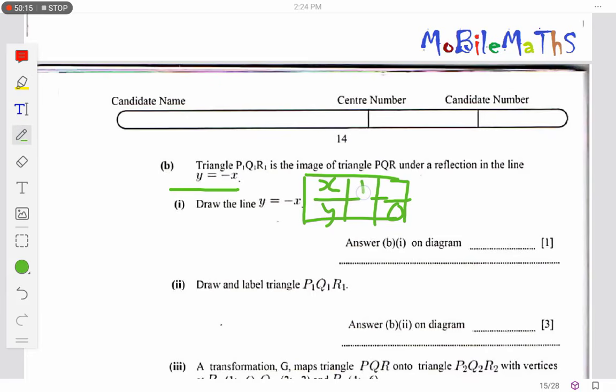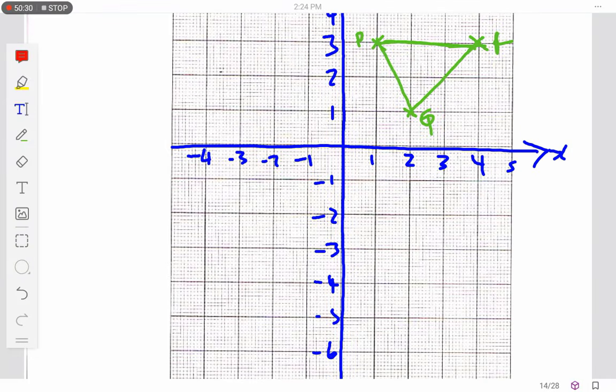So when my x is 1, my y is -1. When my x is 0, my y is 0. So it's passing through 0, 0 there. Let's draw the line. We said it's passing through point 0, 0, and also when our x is 1, our y is -1.